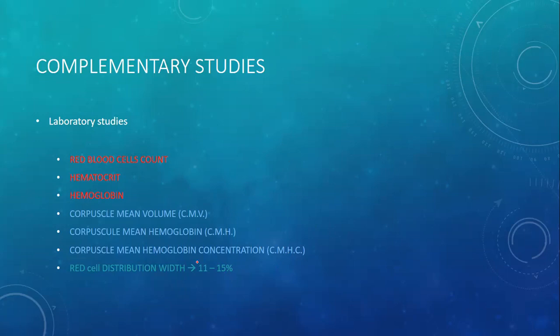And they can vary in size from 11 to 15%. A number lower than 11, I mean 10 or lower, or 16 or higher, is pathological. The normal variation of sizes between all the red blood cells is between 11 and 15, okay?